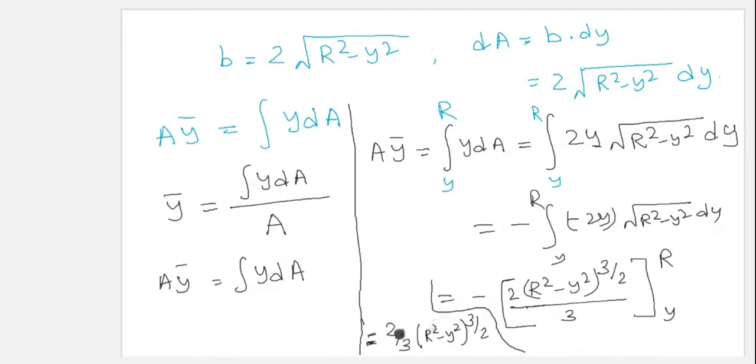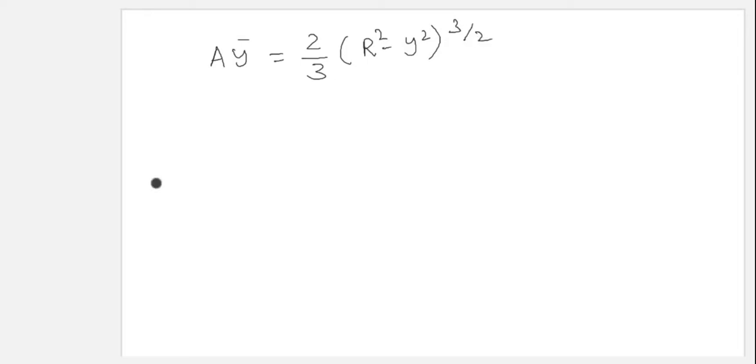So this A y bar is basically equal to 2/3 of r square minus y square whole to the power 3 by 2.